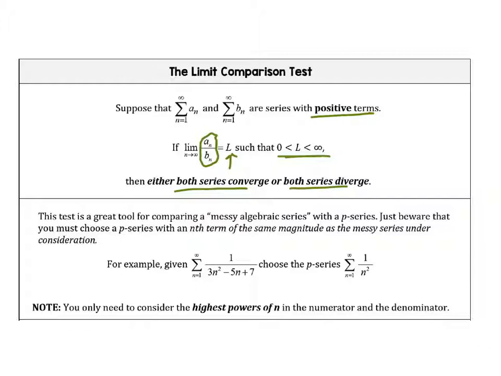Now, this test again is talking about comparing messy algebraic series with p-series. So again, as far as determining which series you put in the numerator and which in the denominator really doesn't change things.